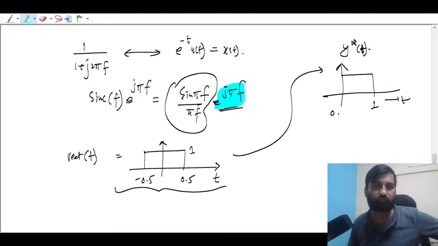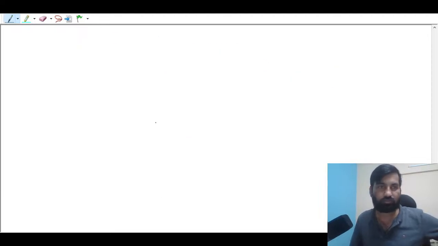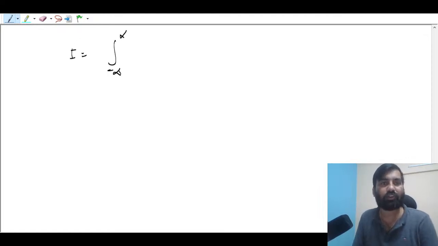I hope this makes sense. So you have got two signals, one is x(t) and the other is this. We have to find the integration, minus infinity to infinity x(t) times y star(t) dt.